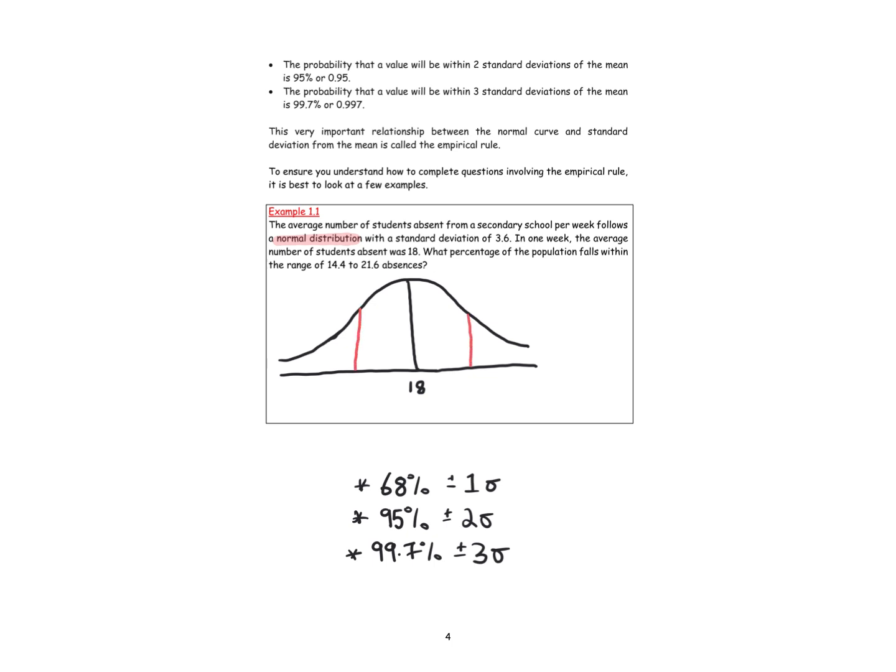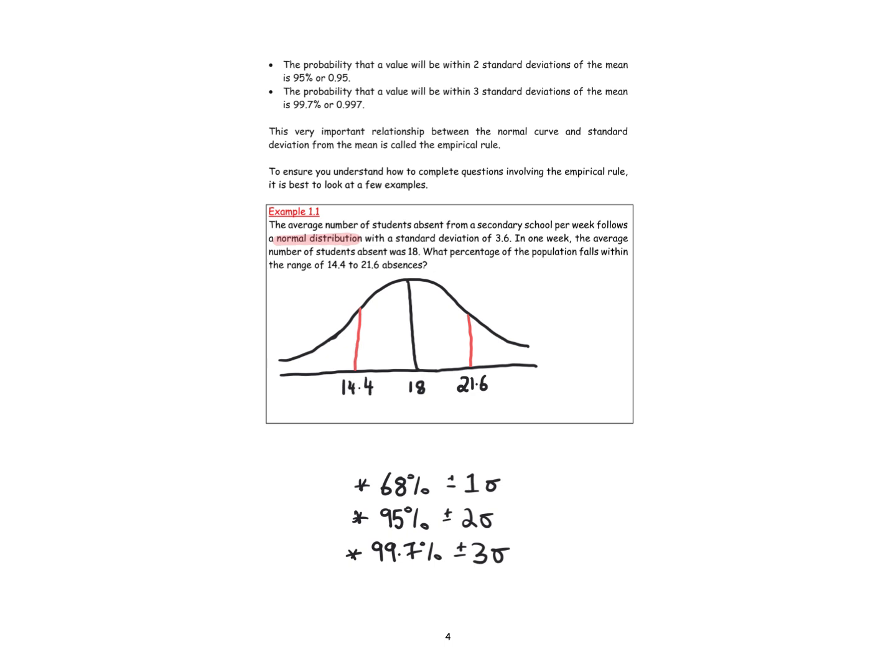if we want to figure out where 68% of the population lies, we add 1 standard deviation to the mean and minus 1 standard deviation from the mean. 18 plus 3.6 will give us 21.6, and 18 minus 3.6 will give us 14.4.